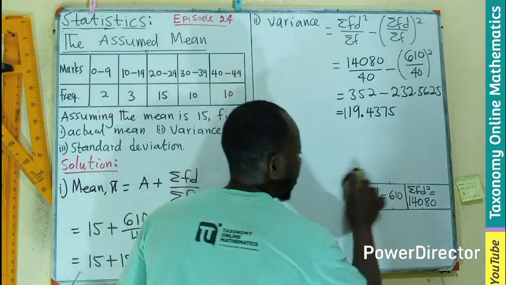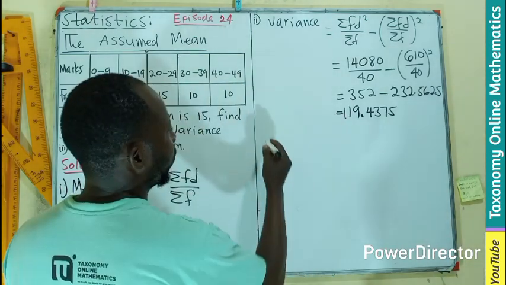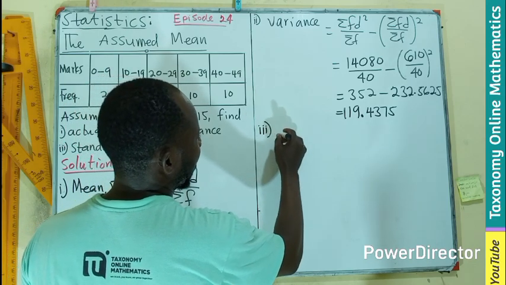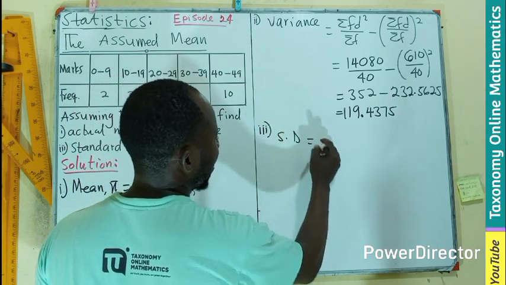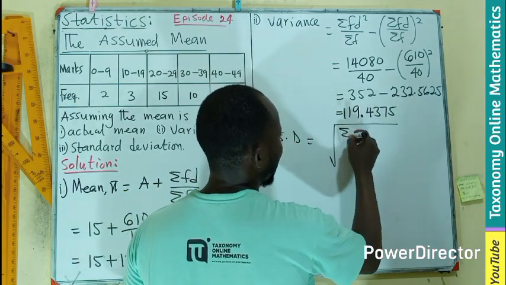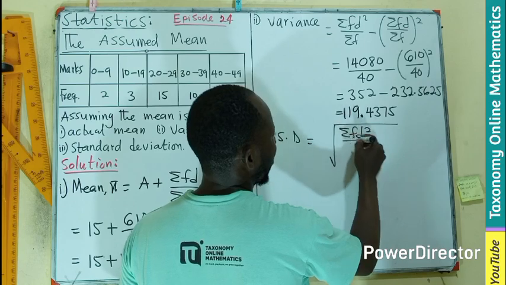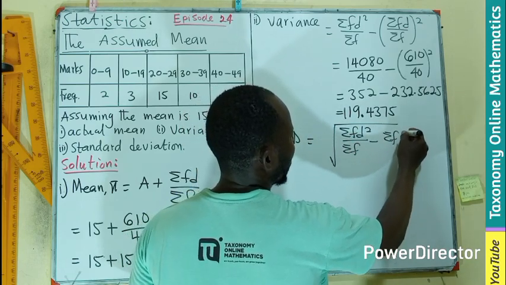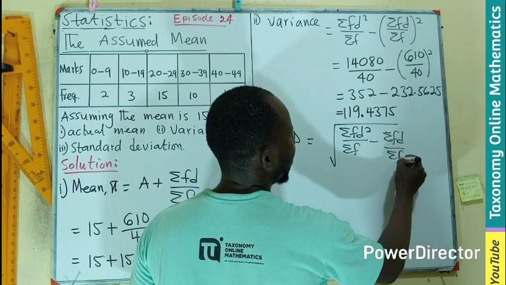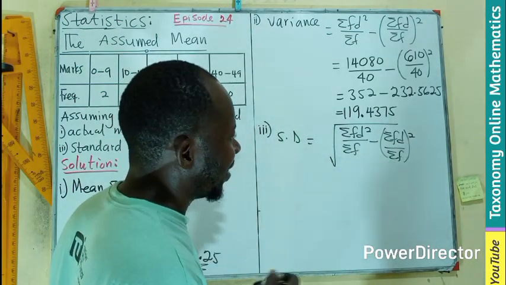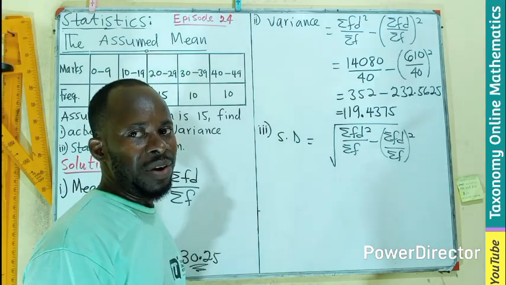All right. So for the standard deviation, it is just the square root of sigma FD square over sigma F minus sigma FD over sigma F all square. And you can see all the thing under the root is the same as the variance.